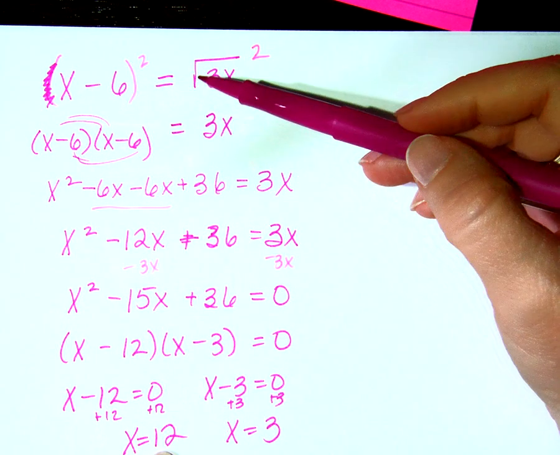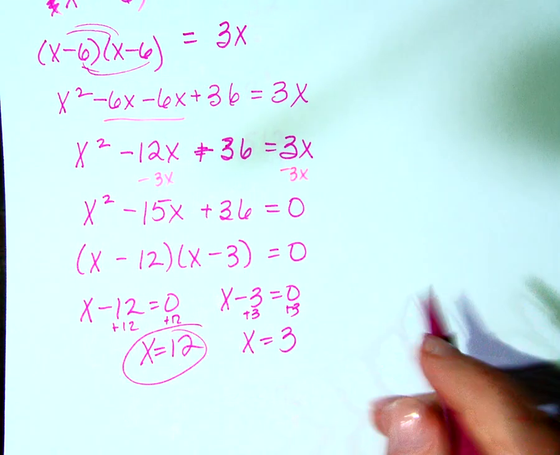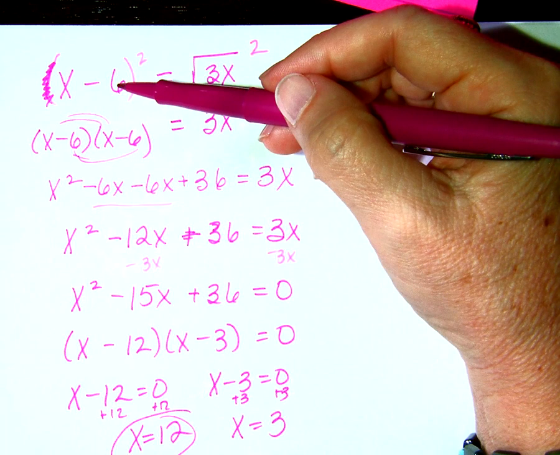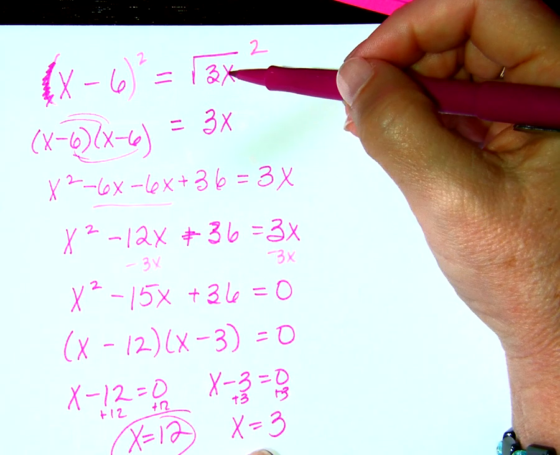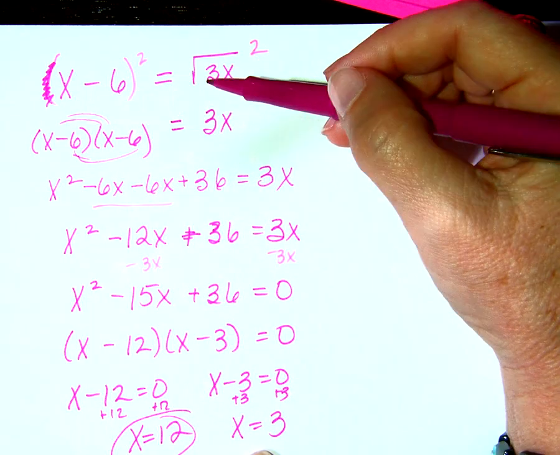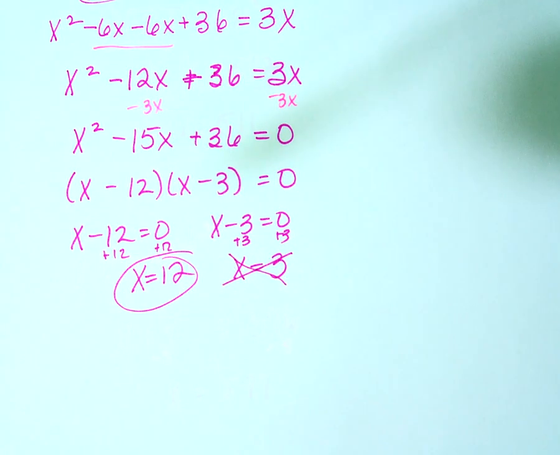Does 6 equal 6? So 12 is right. 3 minus 6 is negative 3. 3 times 3 is 9, the square root of 9. Negative 3 equals 3? No. I got 2 answers, and that one doesn't work.